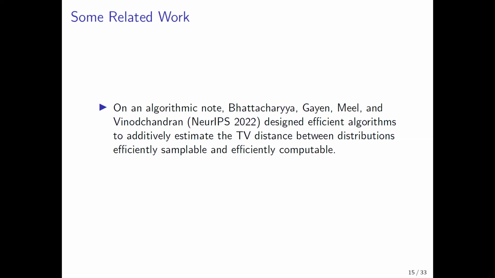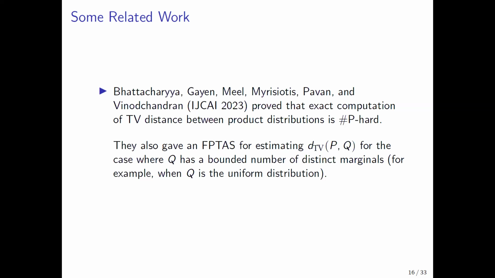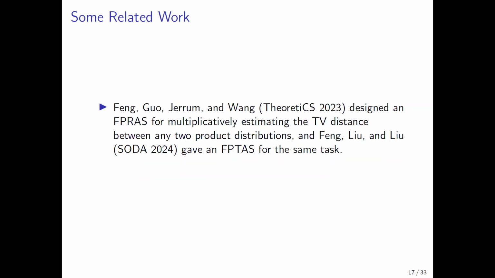Here, computable means that the PMF of the distribution is computable. In our previous work in ICML 2023, we proved that exact computation of TV distance between product distributions is RP-hard. We also gave FPTASs for estimating TV distance between distributions P and Q, where P is an arbitrary product distribution and Q has a bounded number of distinct marginals.